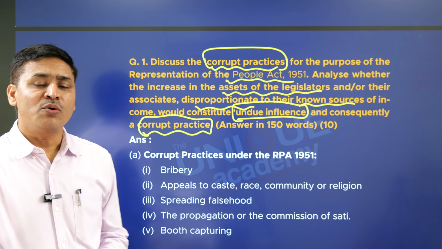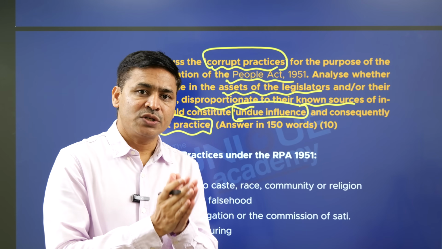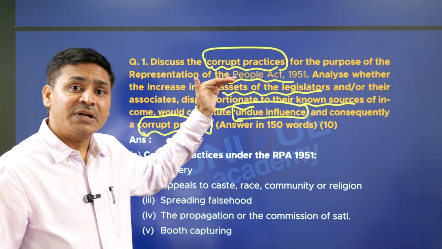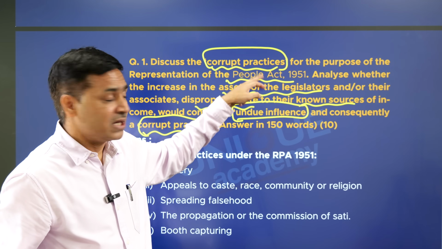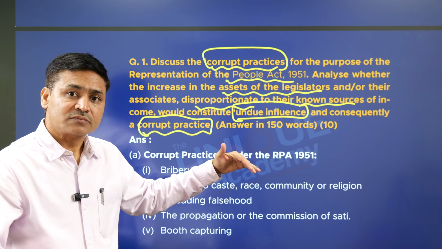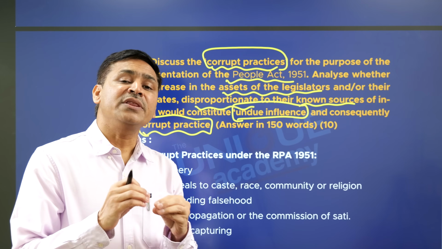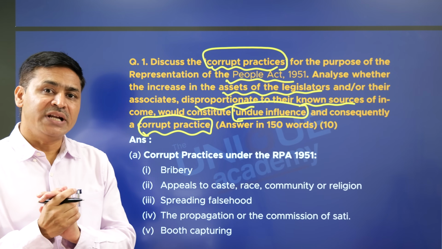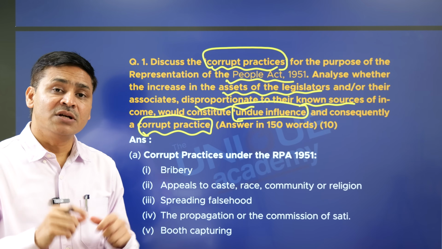Now, there are two parts of the question. The first part refers to the Representation of People Act 1951 in reference to the corrupt practices. The second part pertains to the issue recently dealt with by the Supreme Court of India, and a very important judgment came in 2018.